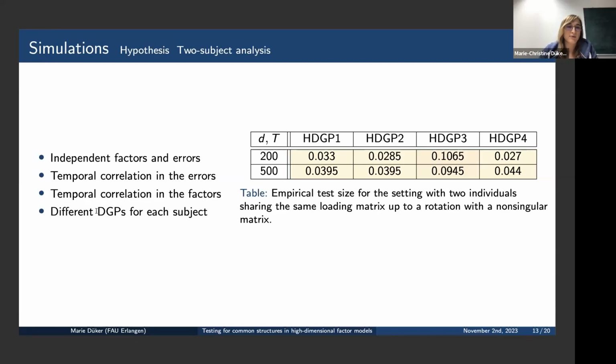And in the last setting, we also allowed for different DGPs, so data generating processes, in both subjects. So we allowed those subjects to be modeled through different models. So one has correlation in the errors, one has correlation in the factors, for example, and one can see it still works fine. So we get to the 5% level.